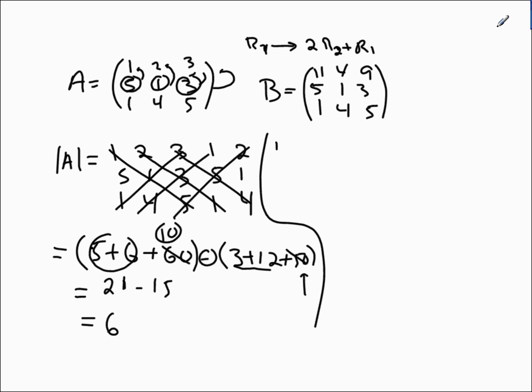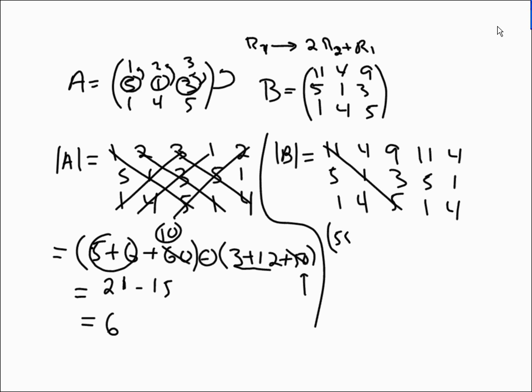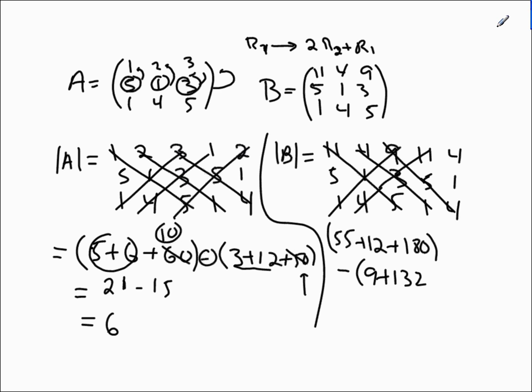Matrix B, determinant of B. 11, 4, 9, 5, 1, 3, 1, 4, 5, 11, 4, 5, 1, 1, 4. It's going to be that product, which is 55, plus that product, which is 12. 20 times 9 is 180, minus this product, which is 9. 12 times 11, you should know. 25 times 4 is 100.